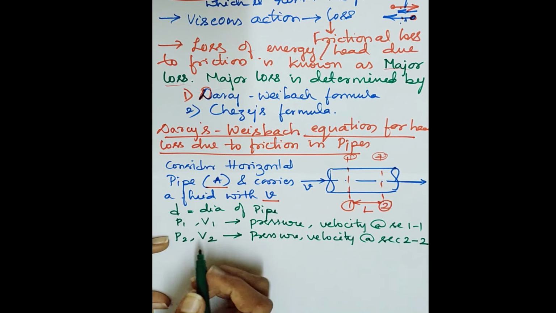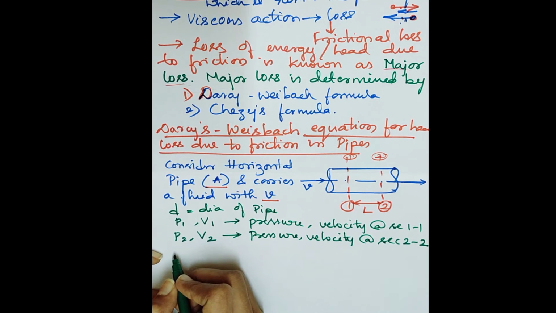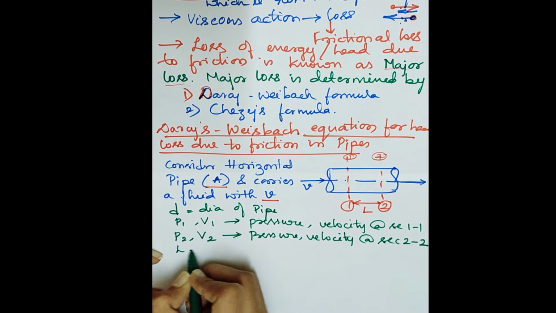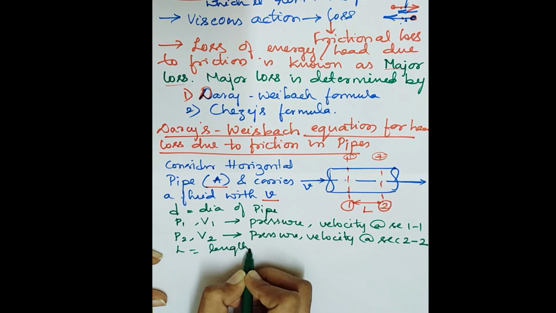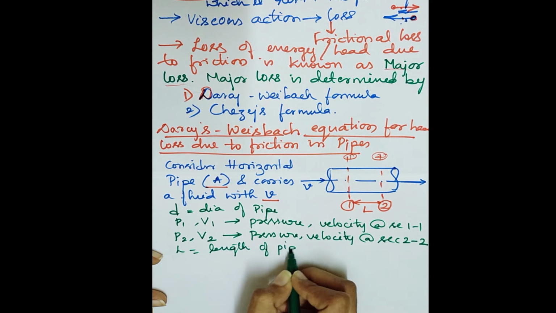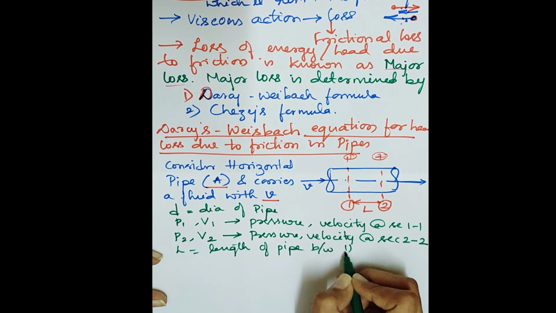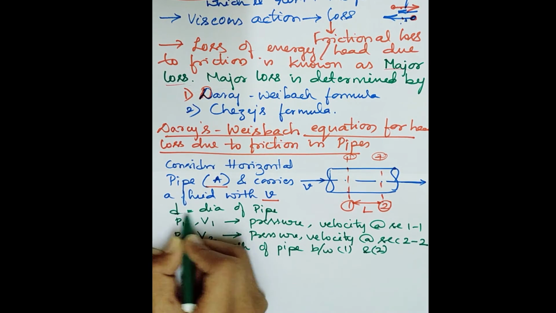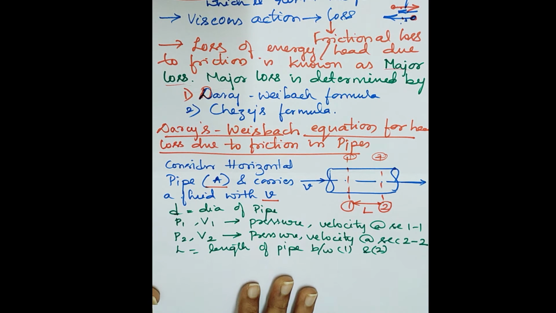L is the length of pipe between section 1 and section 2, and D is the diameter.